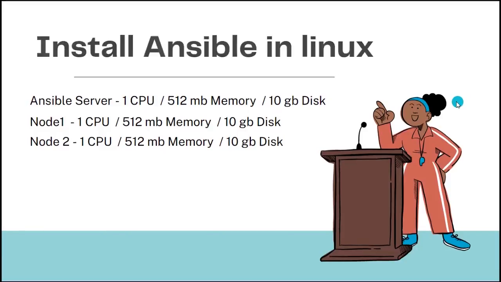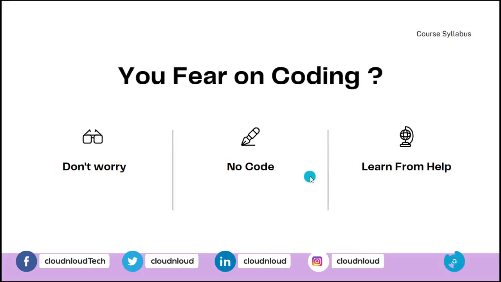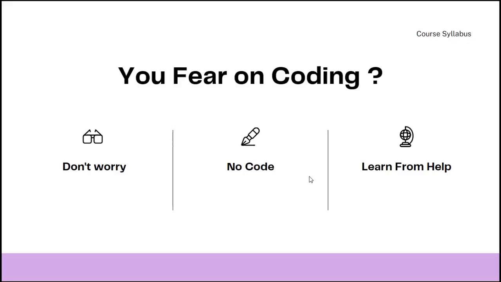Let's go further. We will discuss a couple of concepts before going to the syllabus. First of all, many people worry about Ansible or Terraform, whether it's really coding. Those who are not from a programming background, for Ansible, you need not worry. If you have Linux admin knowledge, then learning Ansible is really straightforward.